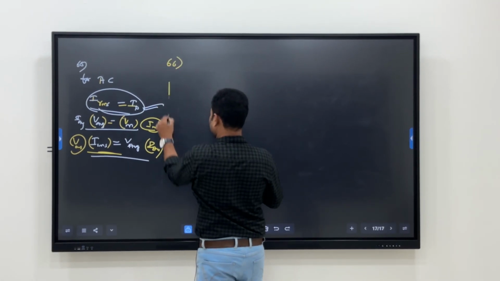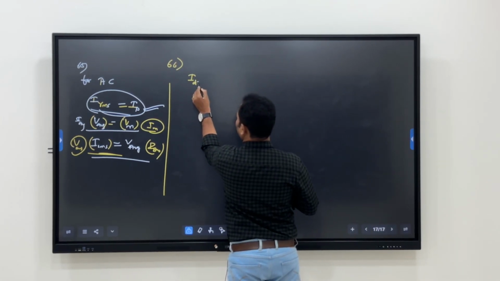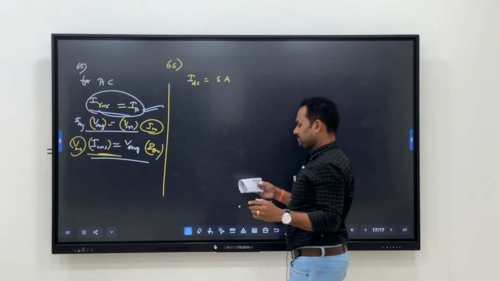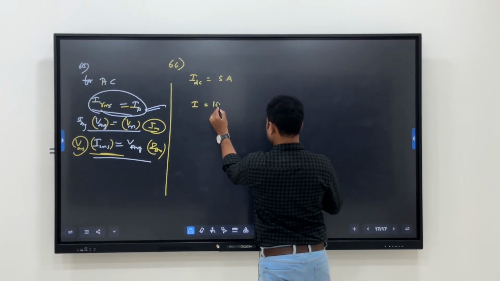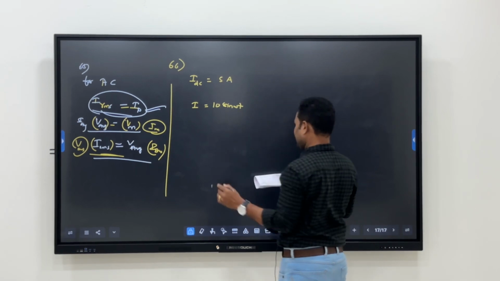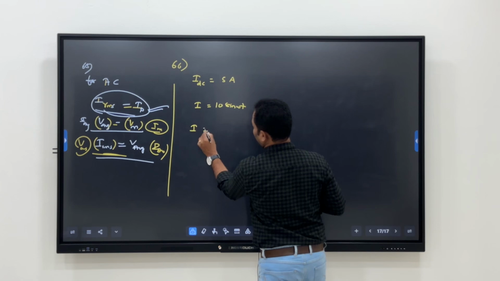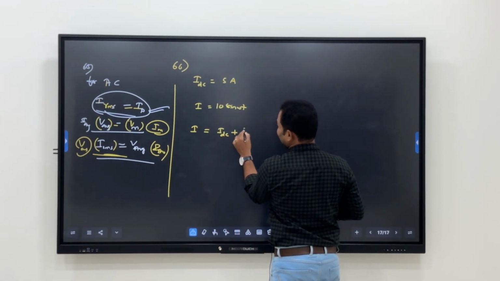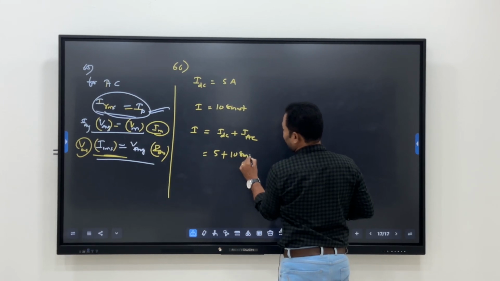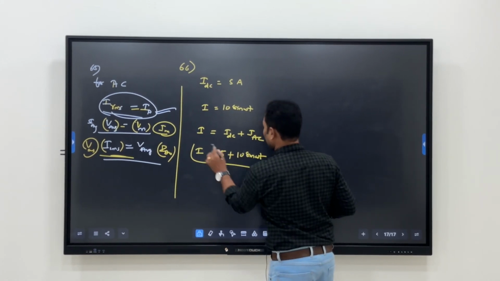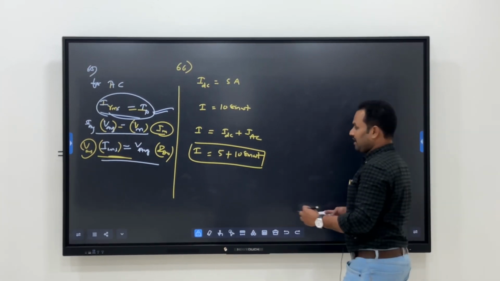Next, question 66. A direct current of 5 ampere, I DC equals 5 ampere, and an alternating current I equals 10 sin omega t flow through the wire. The effective value of the resultant current: I is I DC plus I AC, that is 5 plus 10 sin omega t. The effective value means the RMS value.